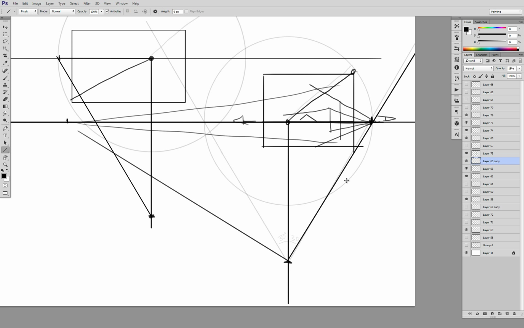You could probably do it with the line tool by doing the math in your head. Say this is 120 degrees. So 120 is where it would be, because this is 180, and if we go here, 60 minus 180 is 120. You can do that again.